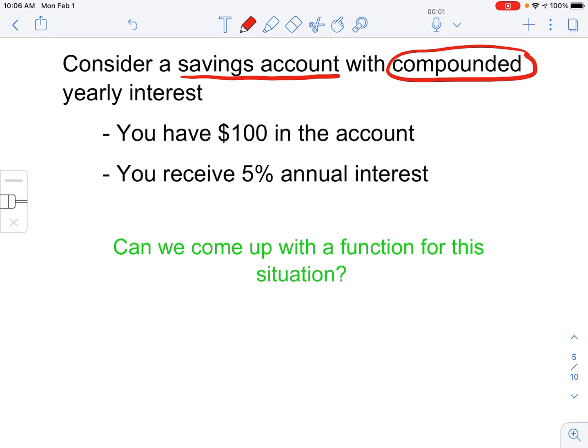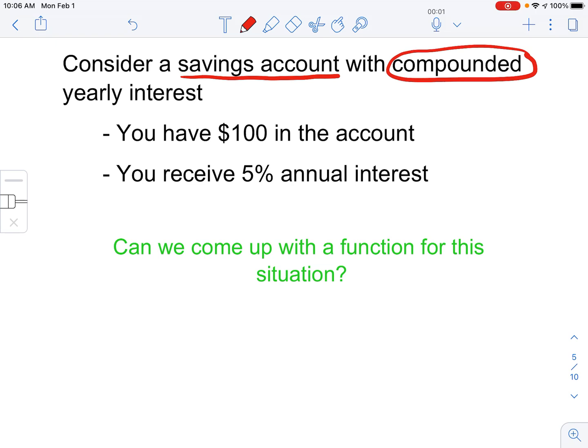Now compounded also tells you that the interest is being calculated on past interest that you've earned. So for example, if you put $100 into a bank account and you make $1 in interest in the first year, in the next year they're calculating the interest on the $101, which means technically you're making a little bit more money. Okay, so that's the idea.